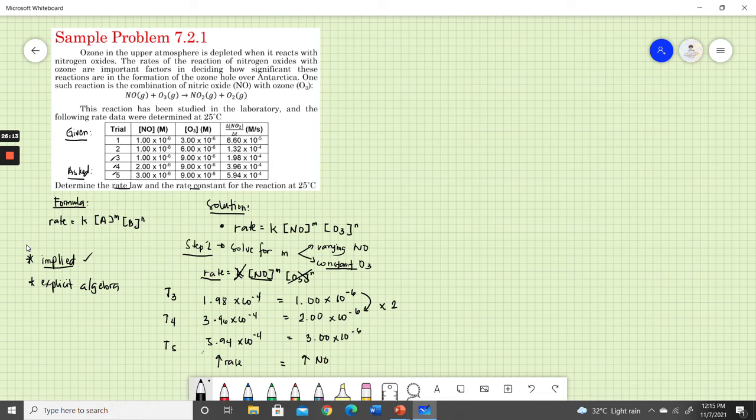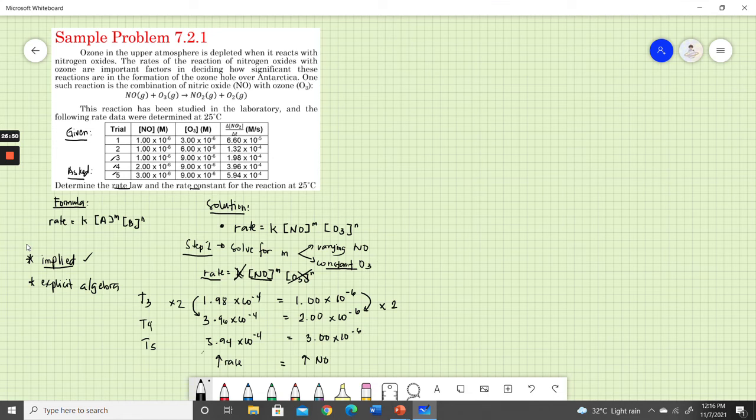So I doubled my concentration of NO. Pero kung mapapansin mo, ang nangyari din sa rate of reaction mo is it actually also doubled. So 1.98 times 10 raised to negative 4 became 3.96 times 10 raised to negative 4. So as I double the concentration of my NO, the rate also doubles.